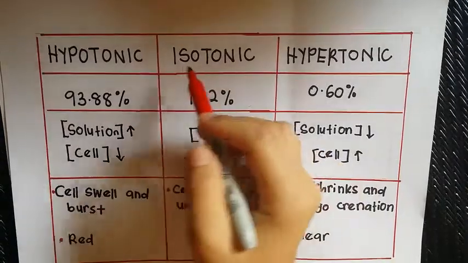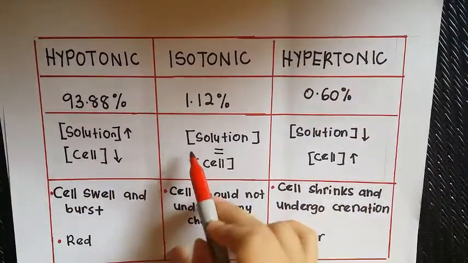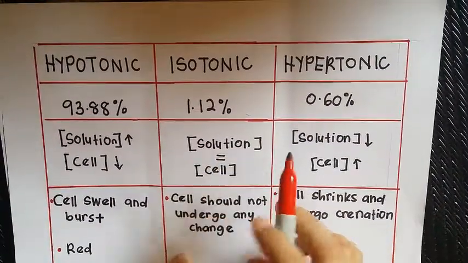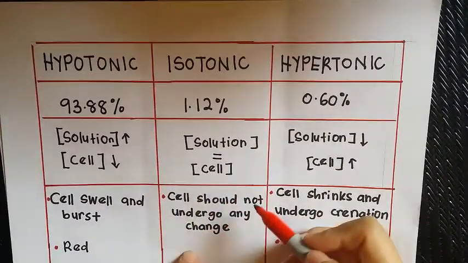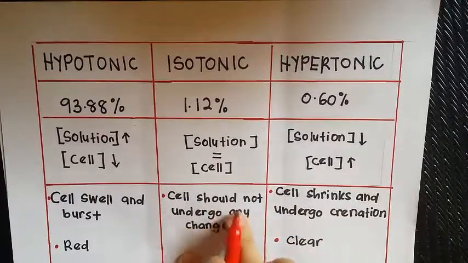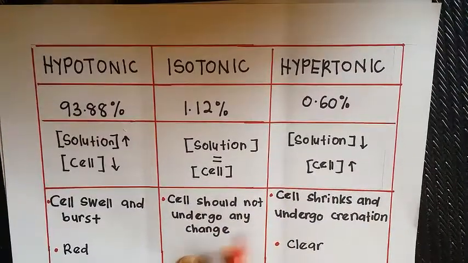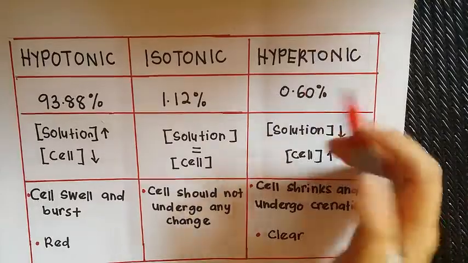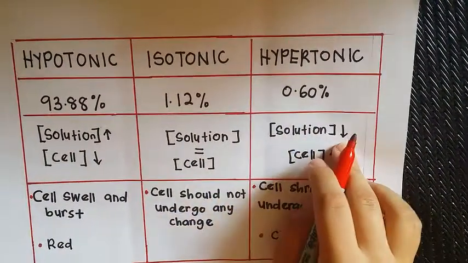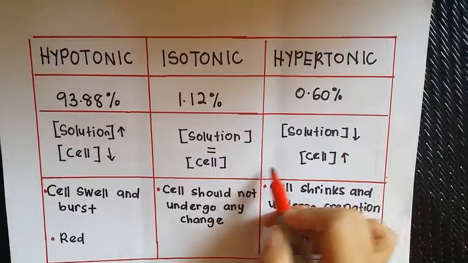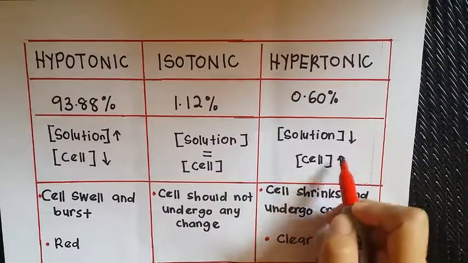And isotonic means that the water concentration in the solution is equal to that of the cell, and the cell should not undergo any change. Hypertonic means that the water concentration in the solution is lower while the water concentration in the cell is higher.